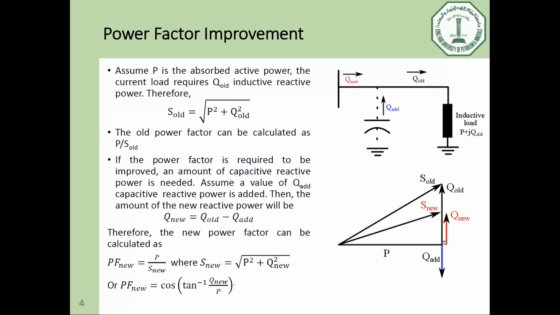So what will be the total power absorbed from the supply? It is going to be S, the apparent power, represented by S old equal to the square root of P squared, which is active power squared, plus Q old squared. As you can see, which is bigger in magnitude, guys, P or S?